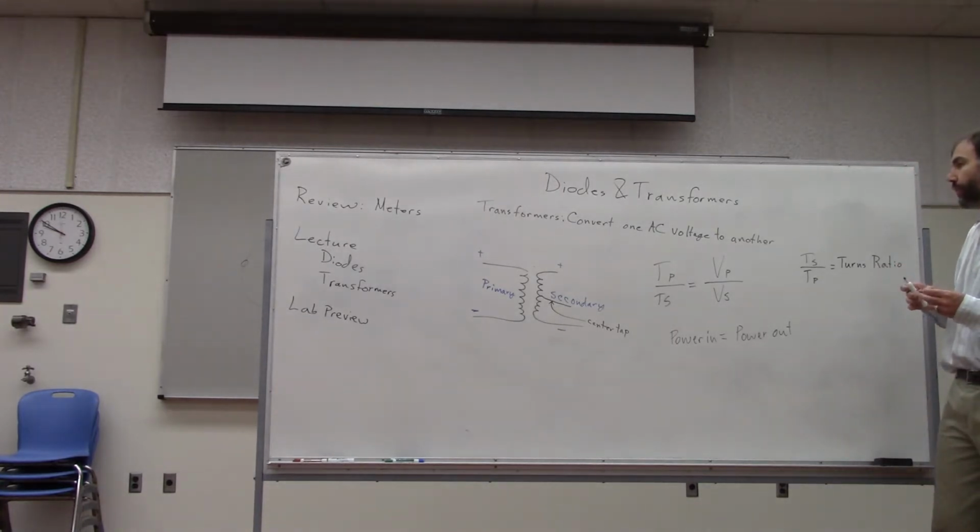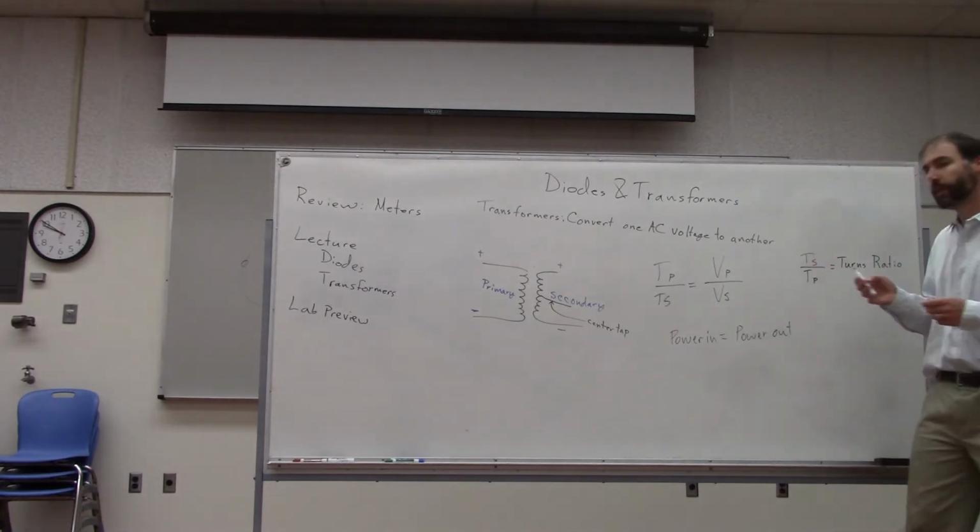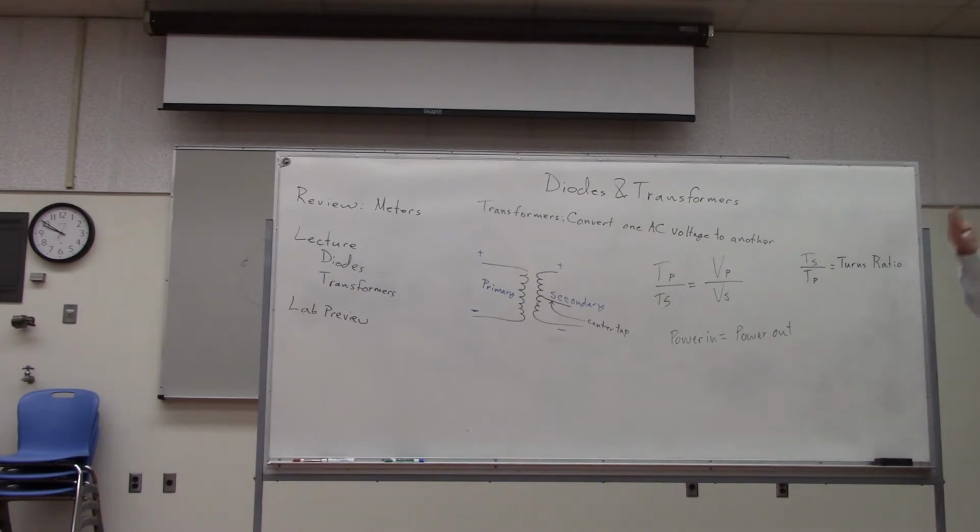If there are more turns on the secondary, then you get more voltage coming out. And we call that a step-up transformer, because the voltage gets stepped up. If there are fewer turns on the secondary than on the primary, you get less voltage out, so we call that a step-down transformer. Okay?